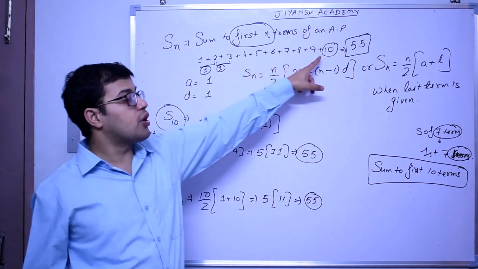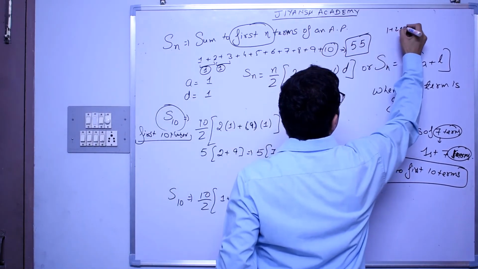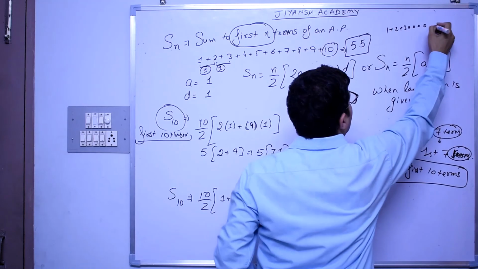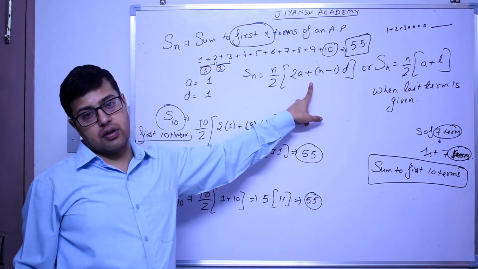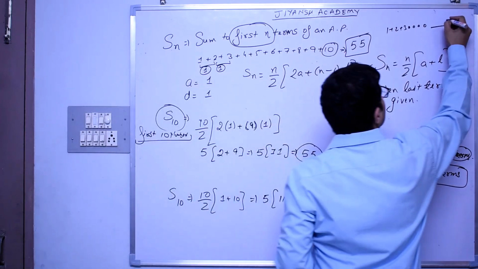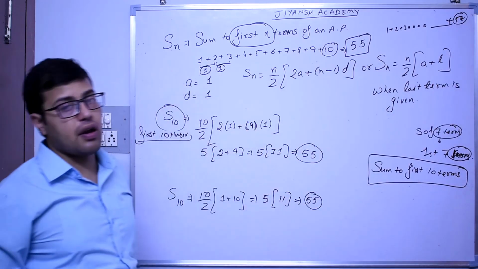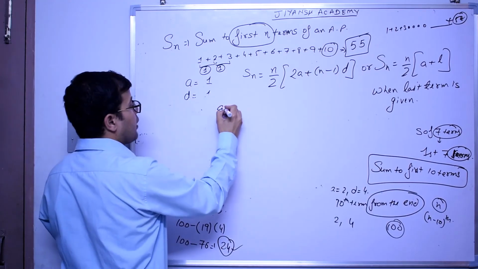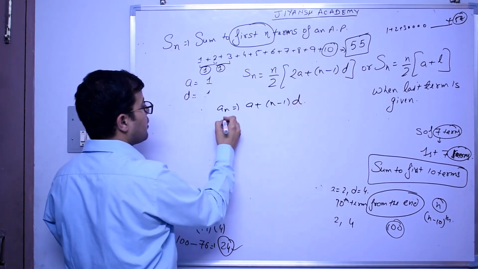If the last term is not provided to you, it can also be like 1 plus 2 plus 3 and so on. Now here you don't know the last term, so in that case you will apply this particular formula. If it ends with 57, then you can use 57 as the last term. An is a plus n minus 1 into d.